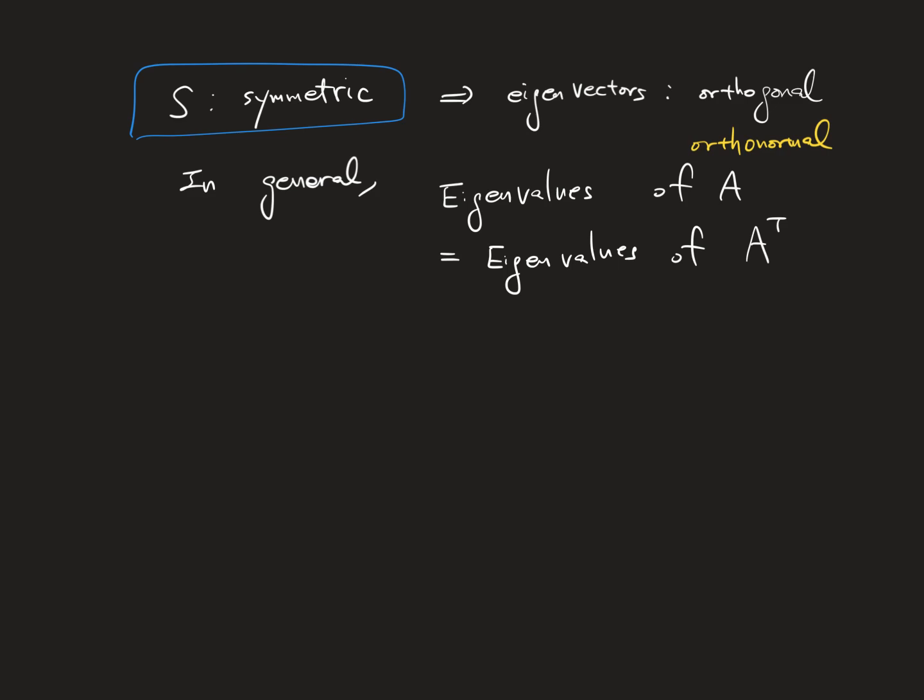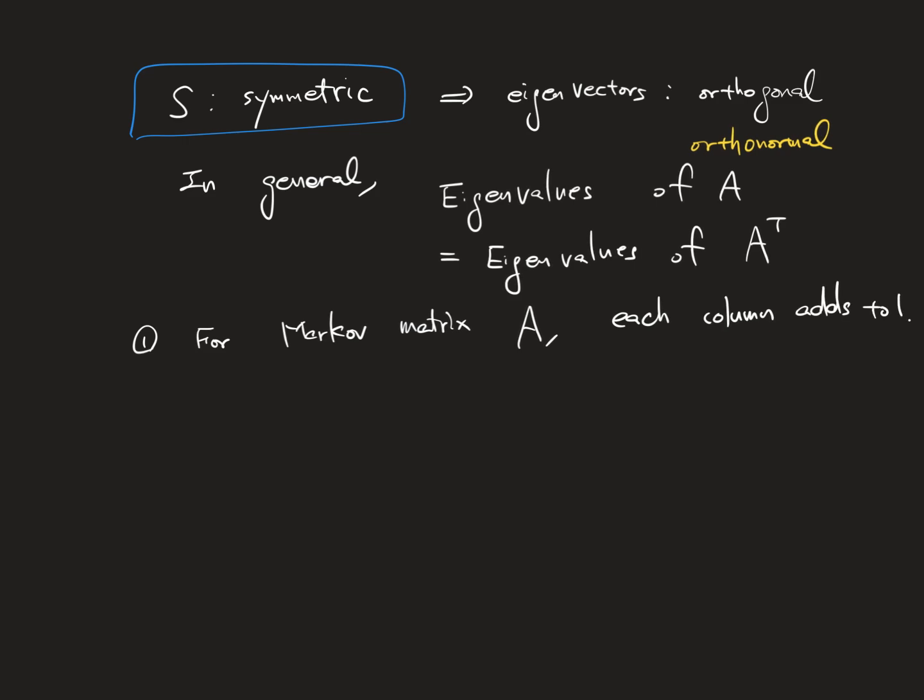Another fact is for a Markov matrix A, each column adds to 1.